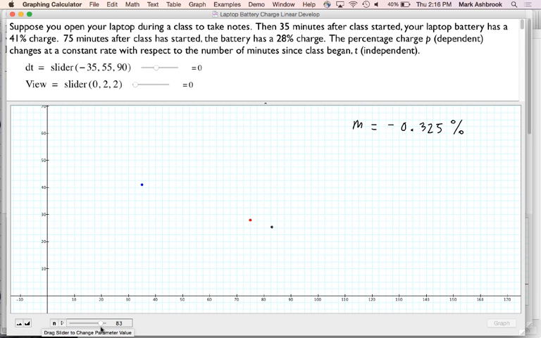I want to know, what is my battery percentage at 83 minutes into class? Okay, now the process I'm about to show you is critically important. We're going to do it over and over again because, from our experience, we know this does not come quickly for students. So just try. Every time we go through it, you're trying to retain this process. Okay? And there's going to be a point where you're going to be tempted to say, oh, I know how to do this a different way.